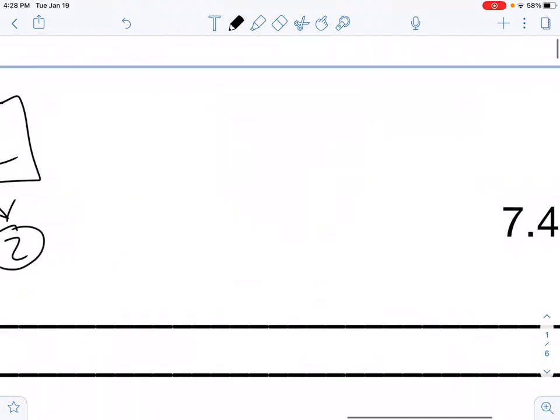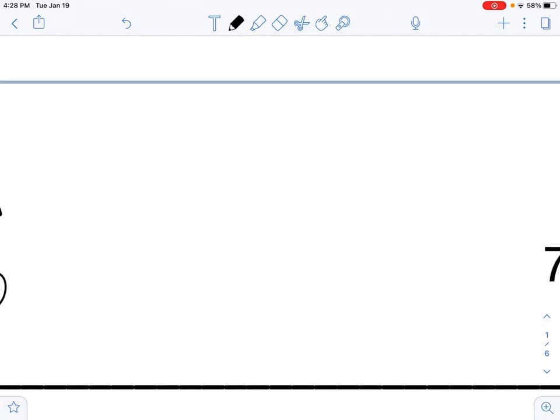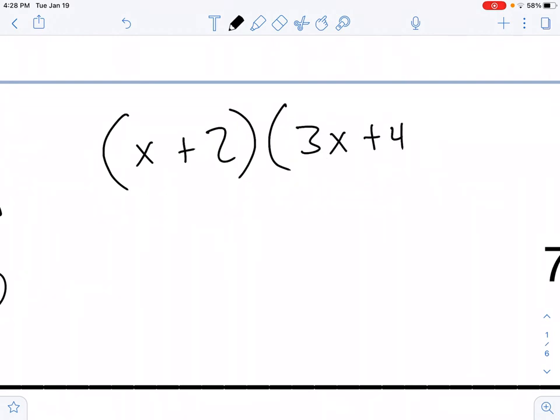So remember, with multiplying, x plus 2 times, let me keep it a little bit more simple for this example, x minus 5.